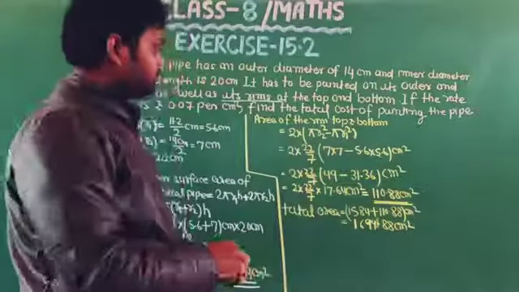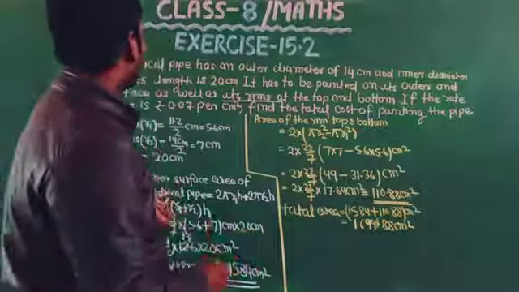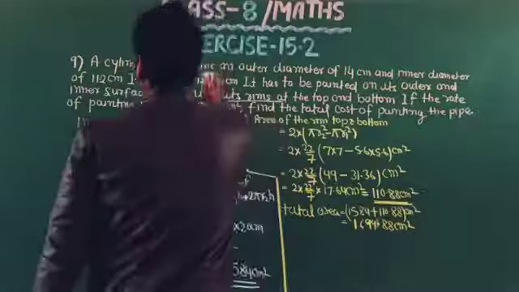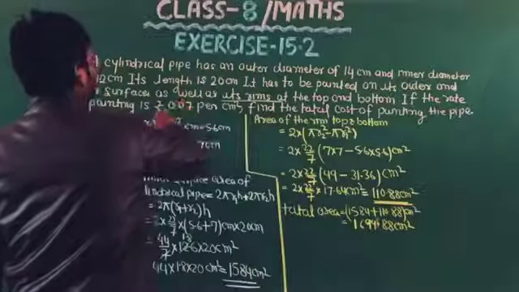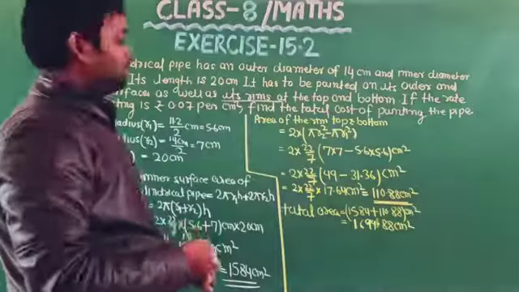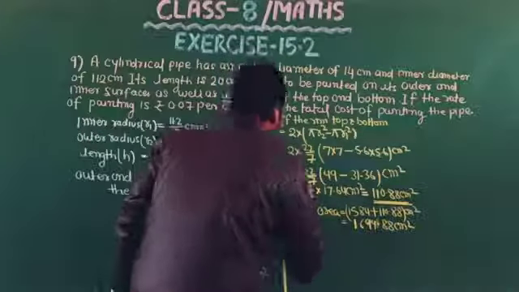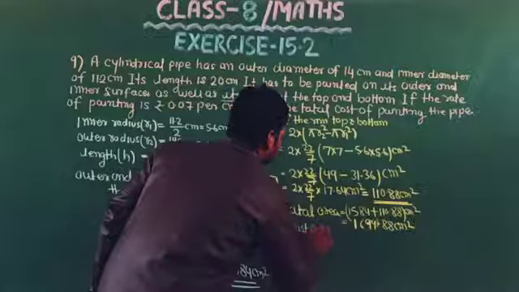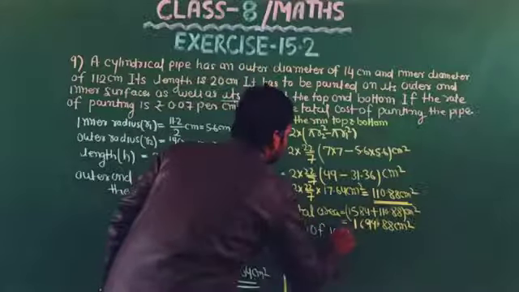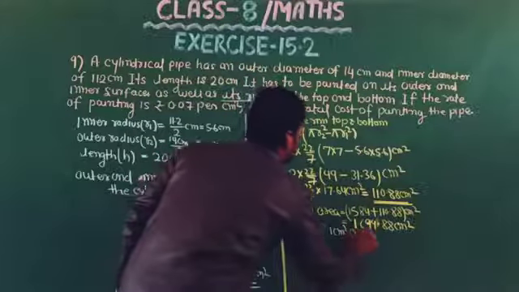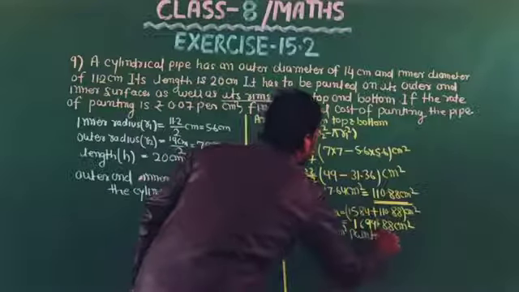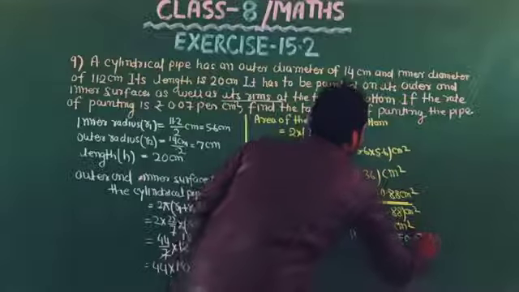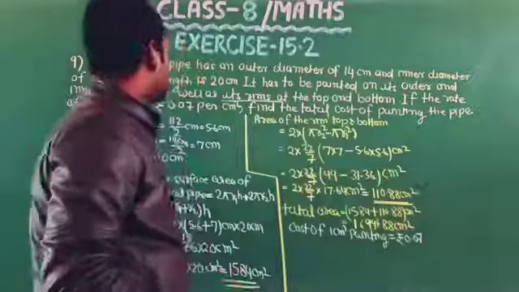Okay, and here the rate of painting given to us is rupees 0.07 per centimeter square. Okay, so the cost of painting 1 centimeter square is rupees 0.07.